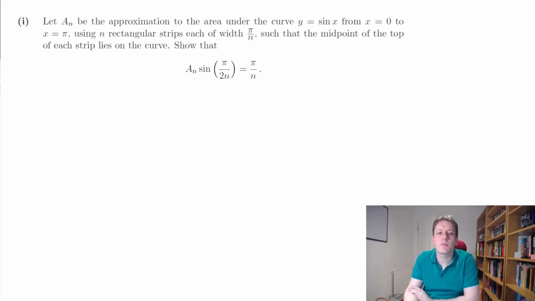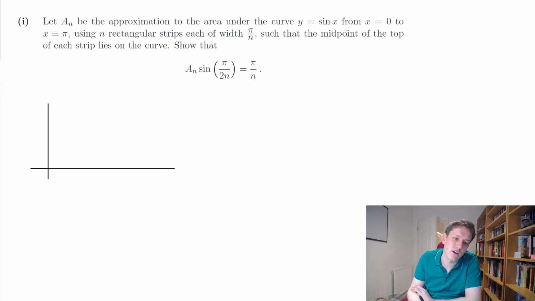So in part 1, we want to let A_n be the approximation to the area under the curve y = sin x from x = 0 to x = π, using n rectangular strips, each of width π/n, such that the midpoint of the top of each strip lies on the curve. Let's just draw the graph of sin x between 0 and π.